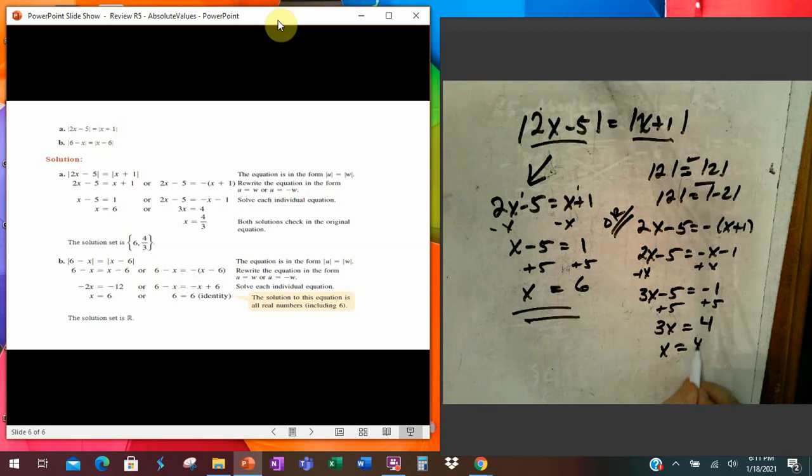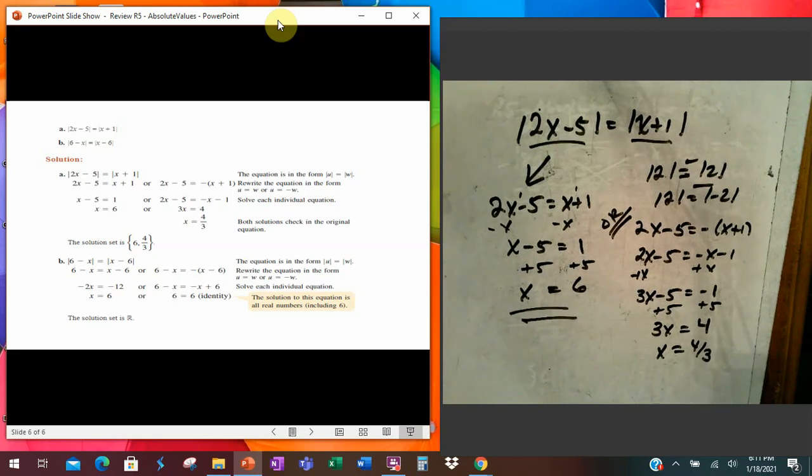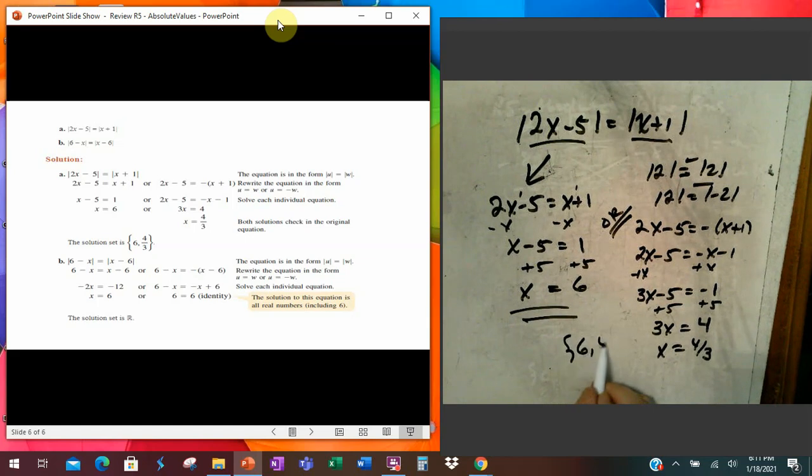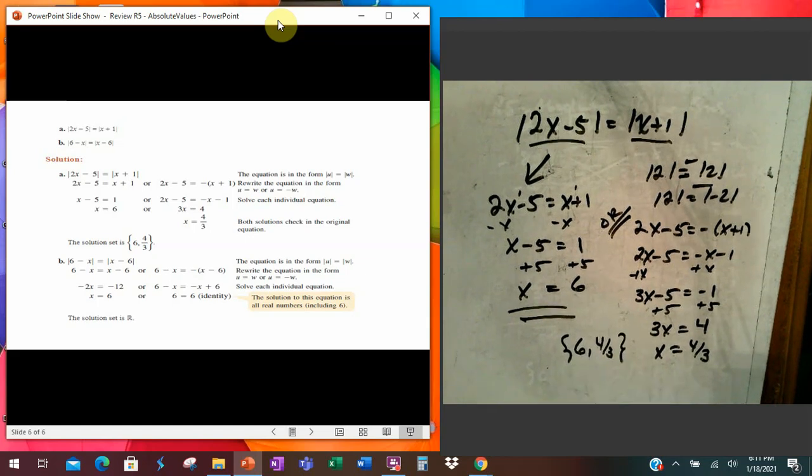And so x is equal to 4/3. Then we go through the check, and you can go through that exercise and get those two as a solution set.